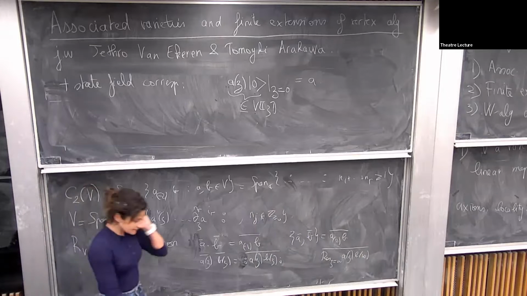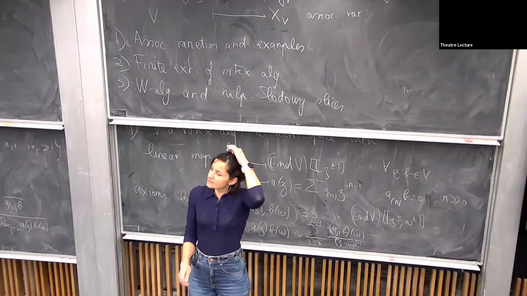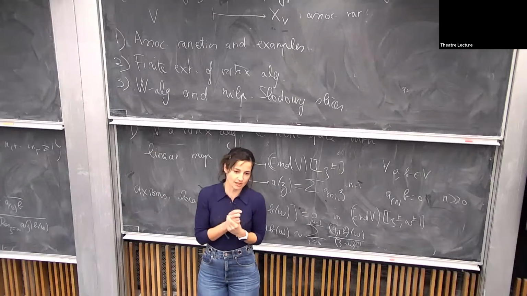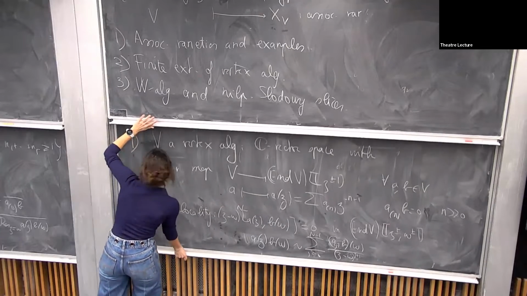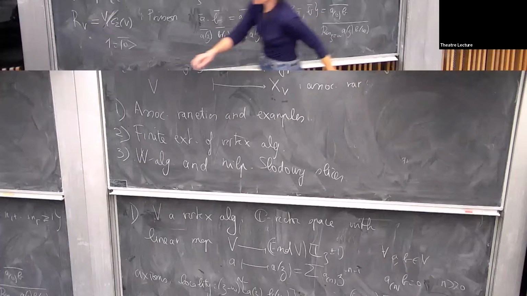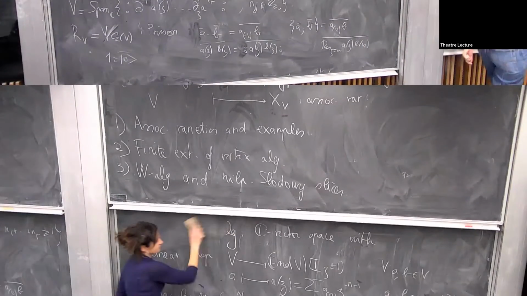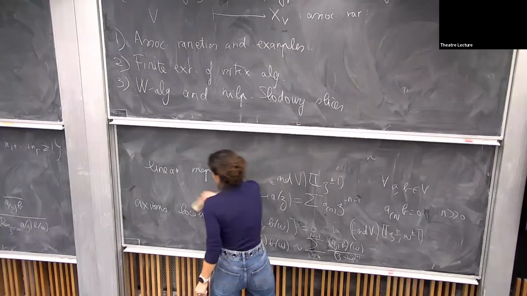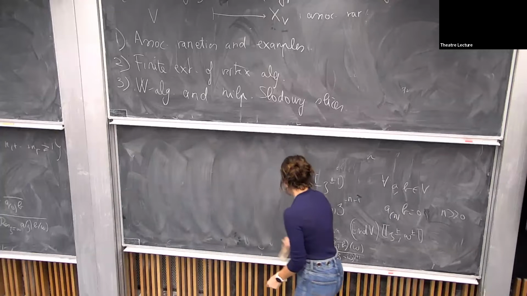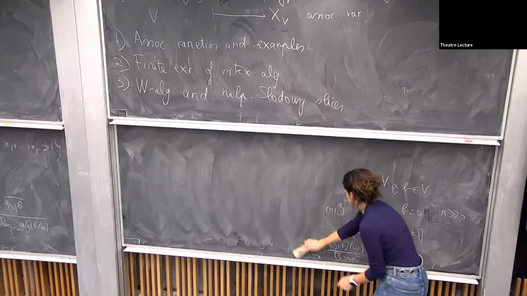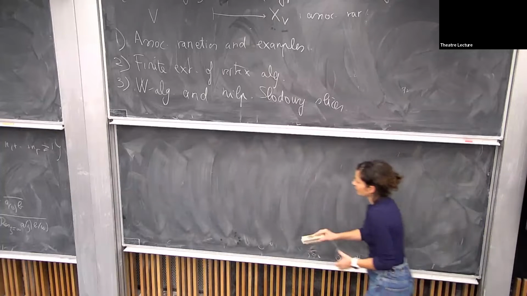Okay, so this is a Poisson algebra, and the associated variety is just the reduced scheme associated with this Poisson algebra. Start with this, and so X_V.